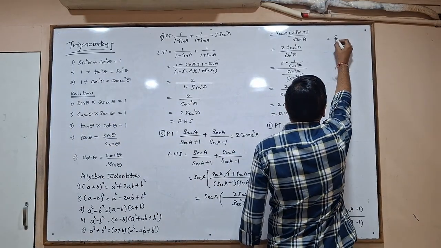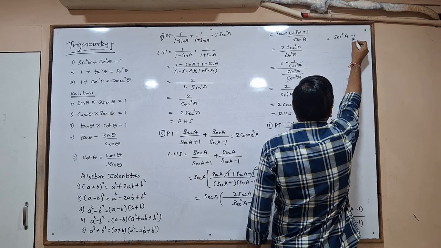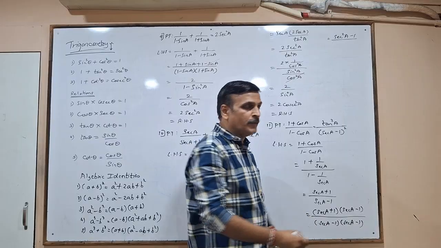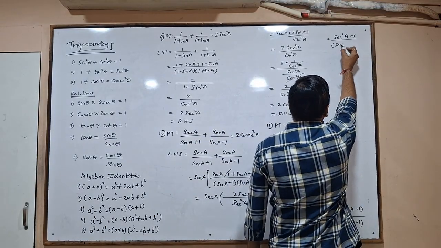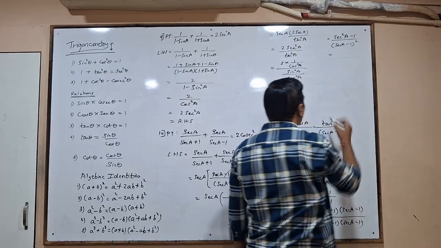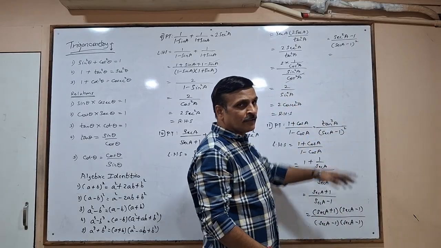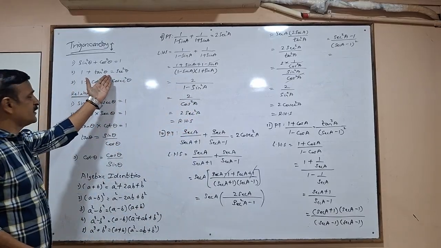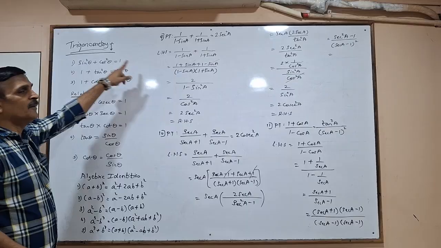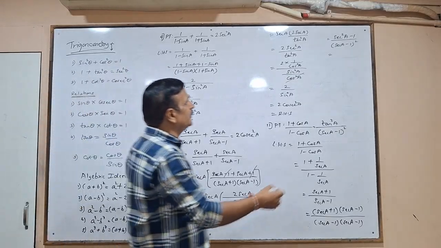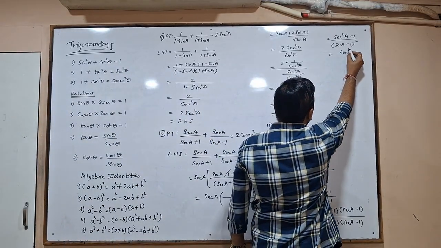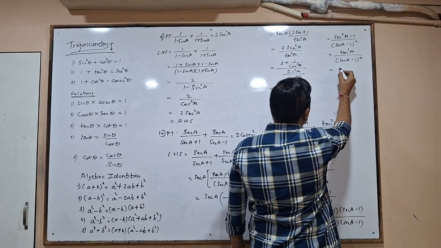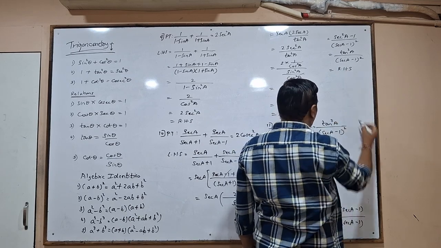So the result will be sec square A minus 1. Denominator is sec A minus 1 the whole square. So we have got the numerator sec square A minus 1, again an identity of sec and tan, sec square theta minus 1 is tan square theta. So it is tan square A upon sec A minus 1 the whole square, which is RHS.